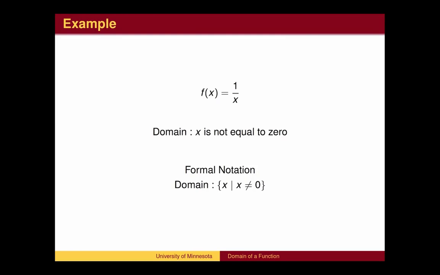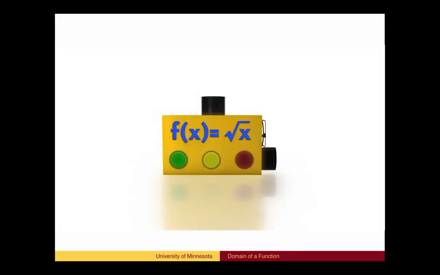The domain of the function f of x equals 1 over x is all real numbers except 0. In the formal set builder notation, the domain is the set of all real numbers x such that x is not equal to 0. The vertical bar stands for such that. Another common example is the square root function.